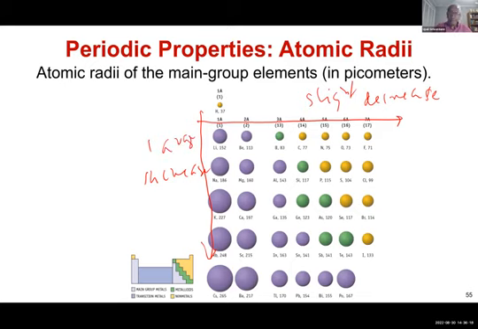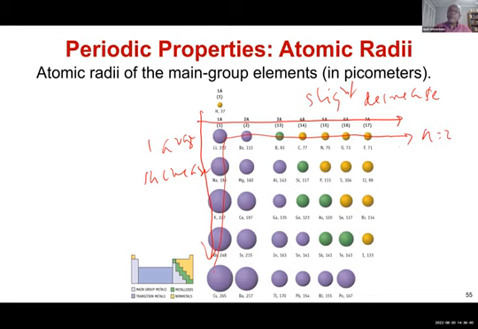Can you see these balls going down here? Much more variation in the size than here. So you are adding the same shell number. The shell number is 2 here. So it's almost the same size.